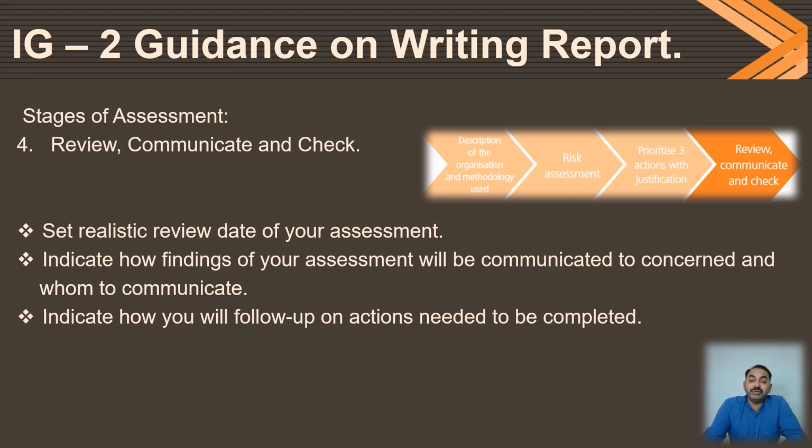So how you are going to do this and how you are going to follow up whether the action is taken by the concerned within due time frame or not. This is now you have to define here.